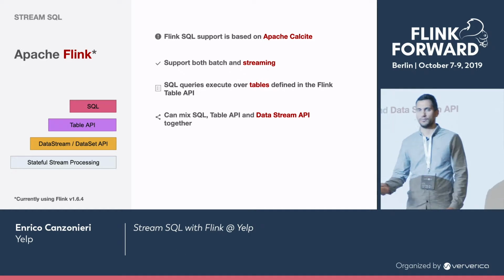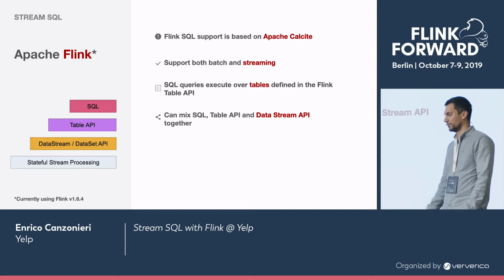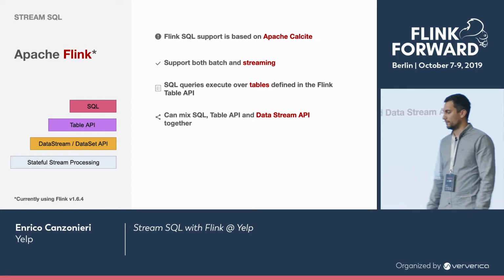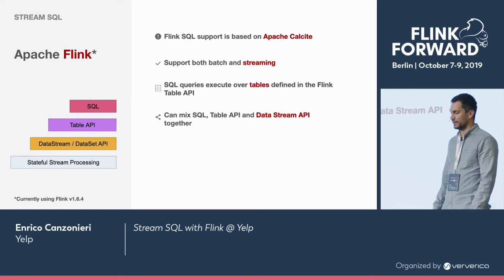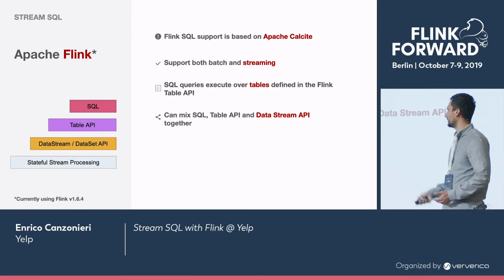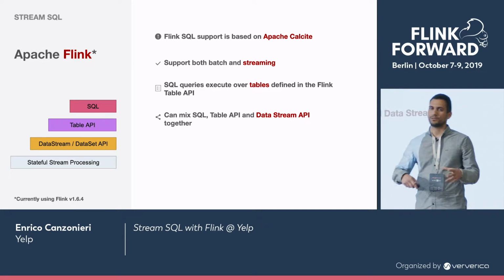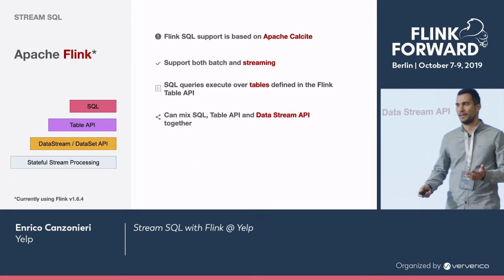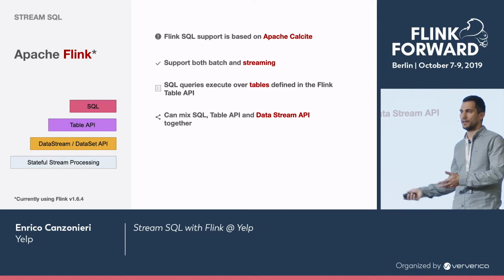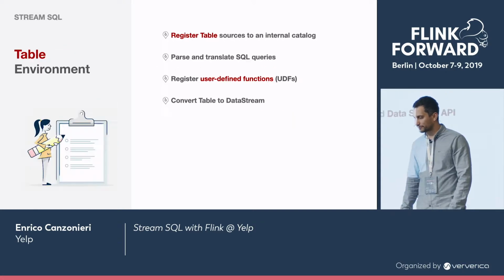What we care about mostly at Yelp is the streaming side of SQL. So we actually don't use SQL currently for batch on Flink. One of the nice things that we see in Flink is that we can mix and match all these different API levels of abstraction. So you can start from a data stream, do some transformation, and then register that stream into the table API and have a SQL query running on top of that, and then go back into the data stream.